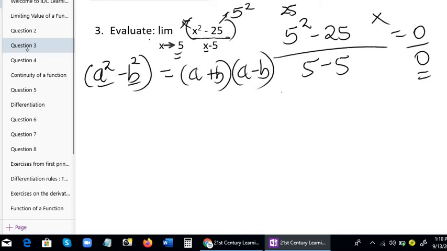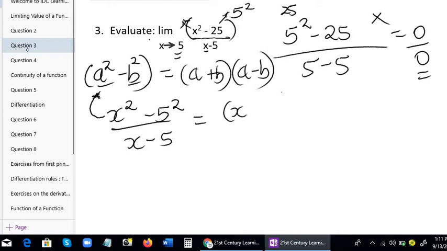So I can rewrite the numerator as x squared minus 5 raised to the power of 2, divided by x minus 5. The numerator looks like what we have here, isn't it? So this is a difference of 2 squares, which gives me (x plus 5)(x minus 5).